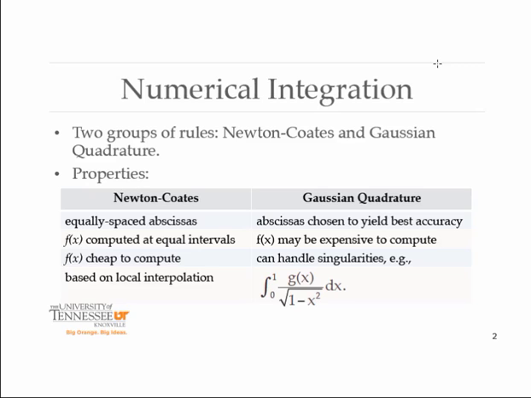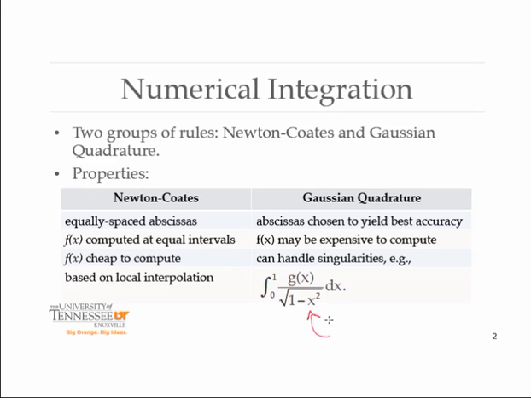And again, we're going to start off looking at how we can use local polynomial interpolation to derive these Newton-Cotes rules, whereas Gaussian quadratures are very effective at handling singularities. Singularities in the sense of integrating a function like this from between 0 and 1 when we know that that denominator term cannot be 0, and as x gets closer to 1, we have a problem with that integrand.